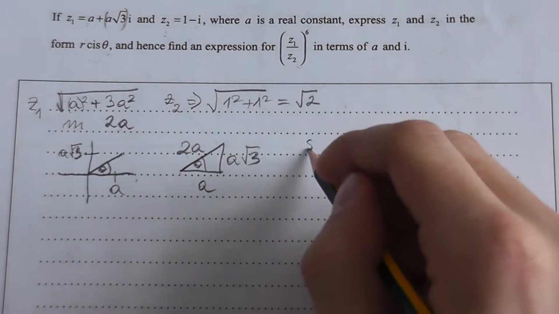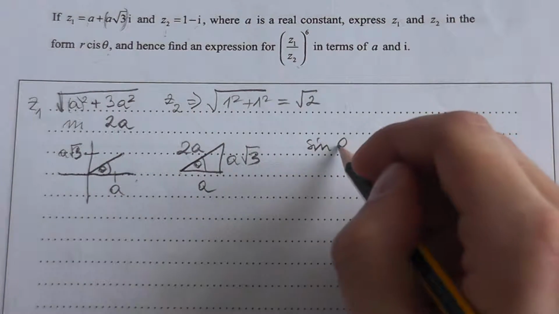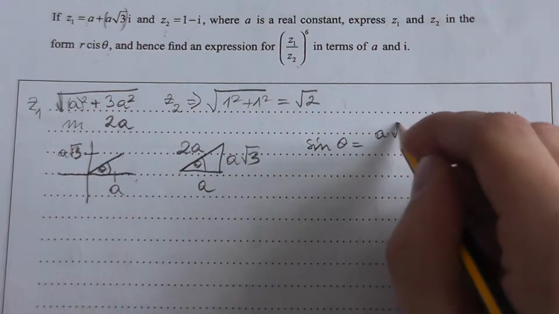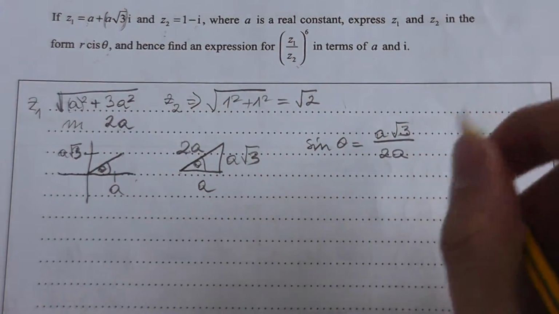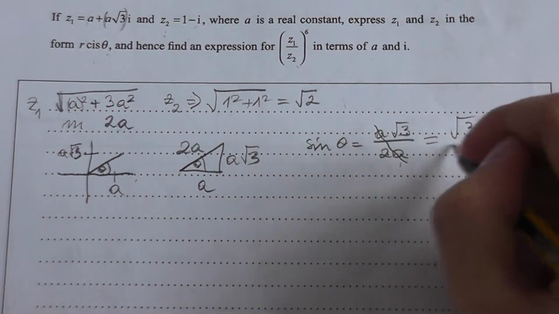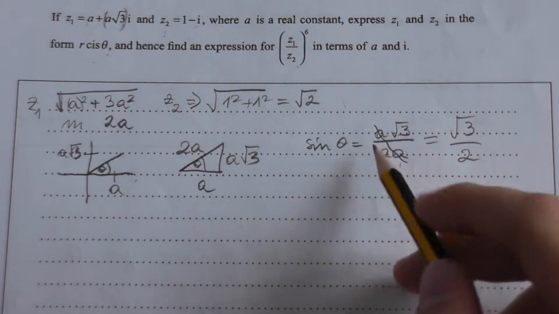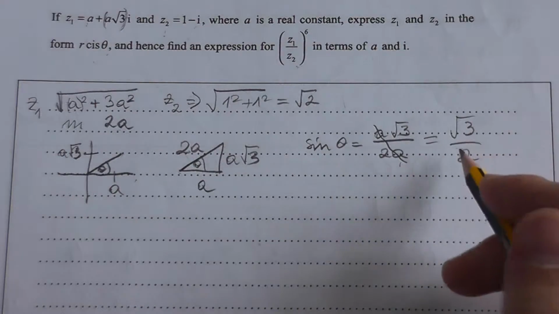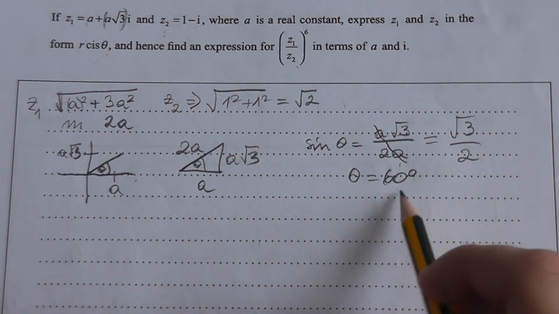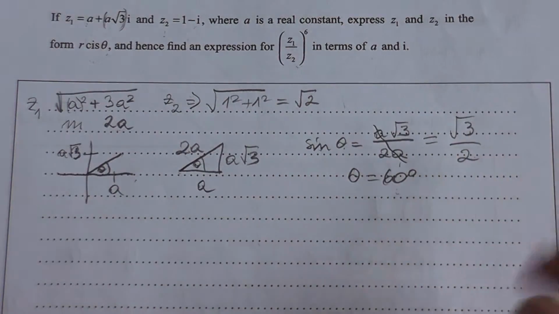The theta we find by going, okay, sine of theta is going to be opposite over hypotenuse, so a square root of 3 over 2a. Don't be intimidated by the constant a, because it just falls out, and it's going to be square root of 3 over 2. And from your trigonometry knowledge, you should know that the theta is therefore 60 degrees, because sine of 60 is square root of 3 over 2.